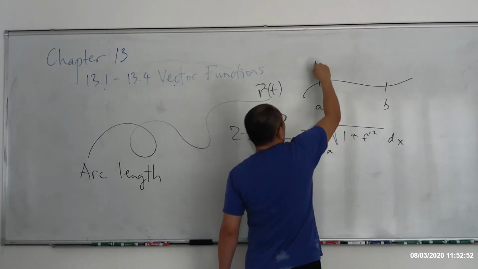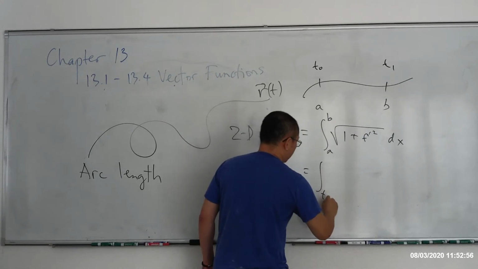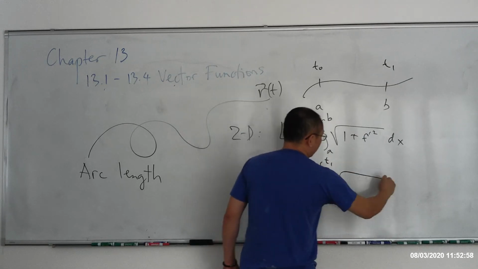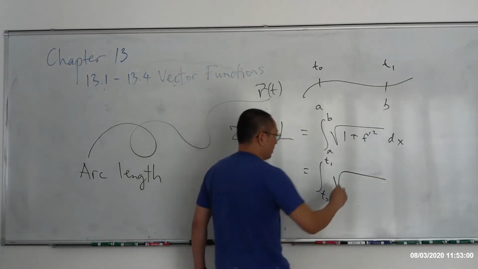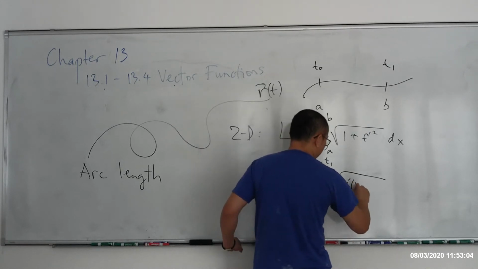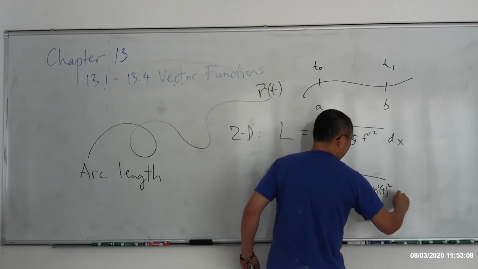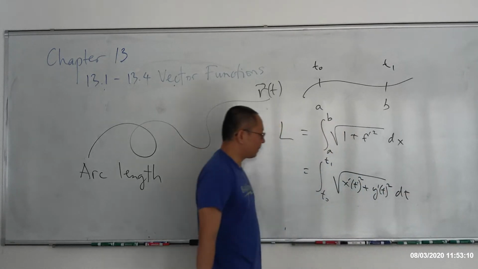Or when t runs from t0 to t1, you talk about t and integral from t0 to t1. This is a review from Calc 2, okay? X prime of t, or dx over dt, is the same thing. Square root of x prime of t squared plus y prime of t squared, dt. Okay?